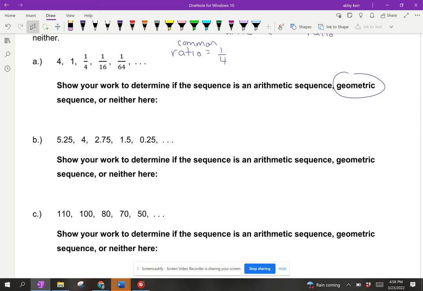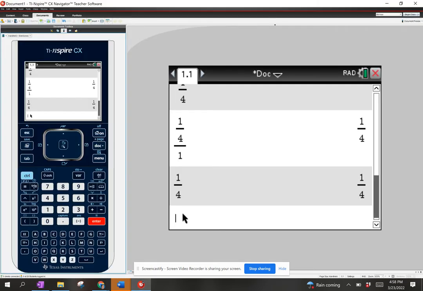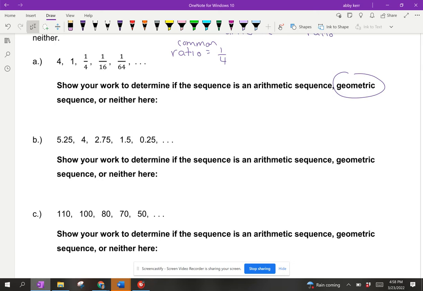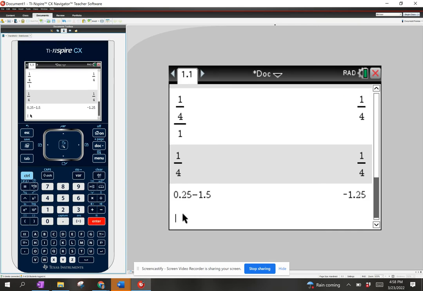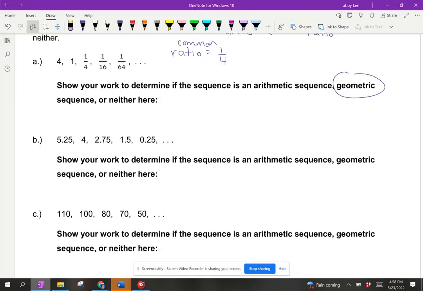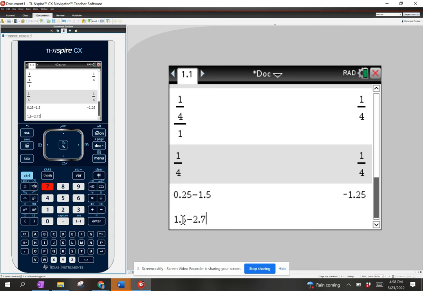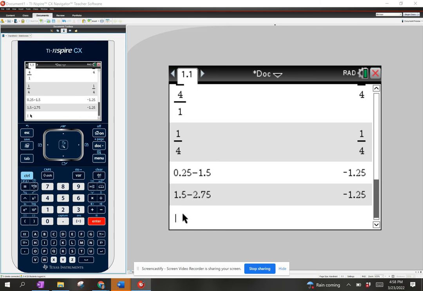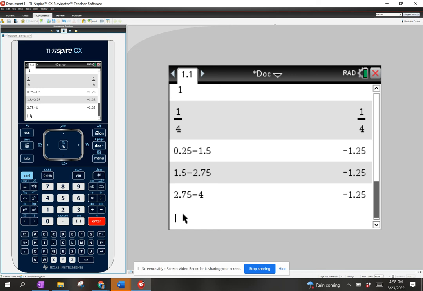For this one, like I said, I would recommend starting backwards. Subtracting 0.25, take away 1.5. 1.5, take away 2.75. Notice that they're still common, so we can keep trying. 2.75 minus 4. All right, great.